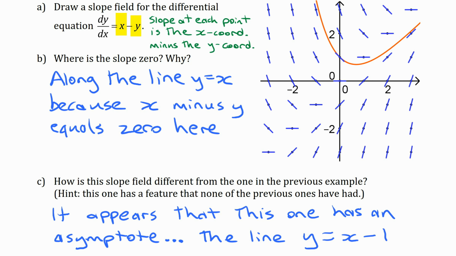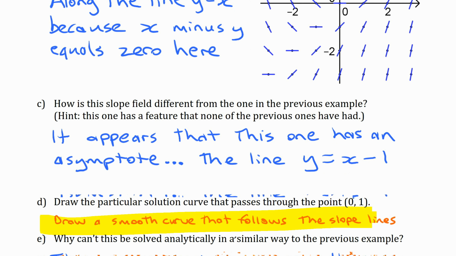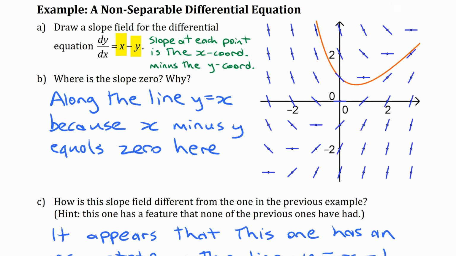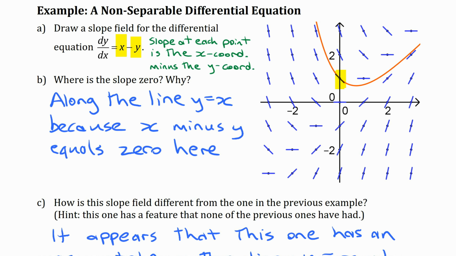Because when we're trying to draw a curve, like this particular solution through 0, 1, there's 0, 1. Well, it's going down, but then as you can tell, the lines become 0 here along this line. So along that line, it's got to be going horizontal. This has to be horizontal along that line.